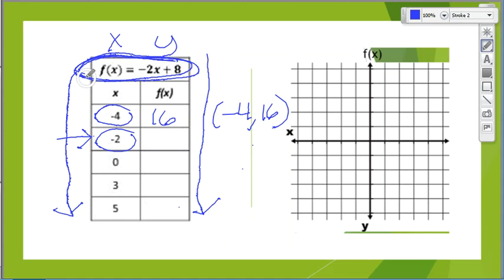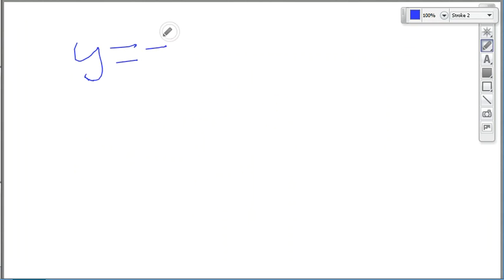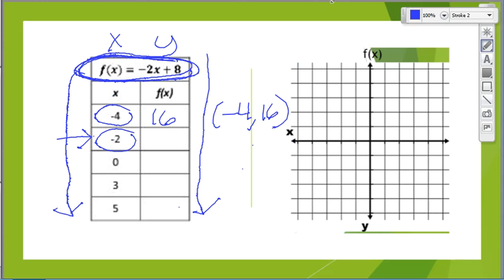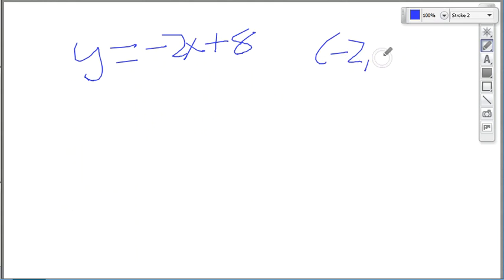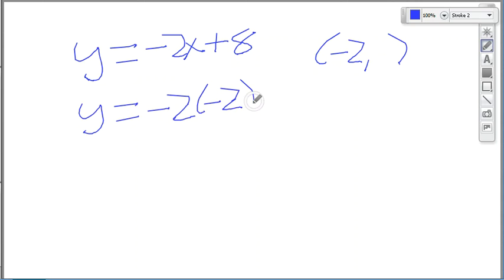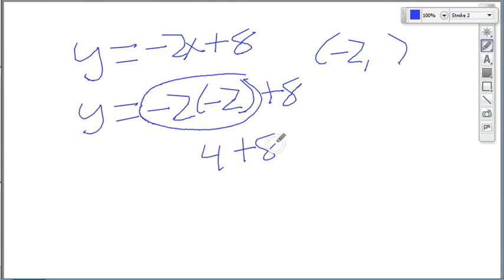So we're going to take the equation of that line, y equals negative 2x plus 8, and plug in negative 2 for the x and solve for the y. So we have y equals negative 2 times negative 2 plus 8. So when our x equals negative 2, our y is going to equal negative 2 times negative 2, which is positive 4. Positive 4 plus positive 8 is 12.